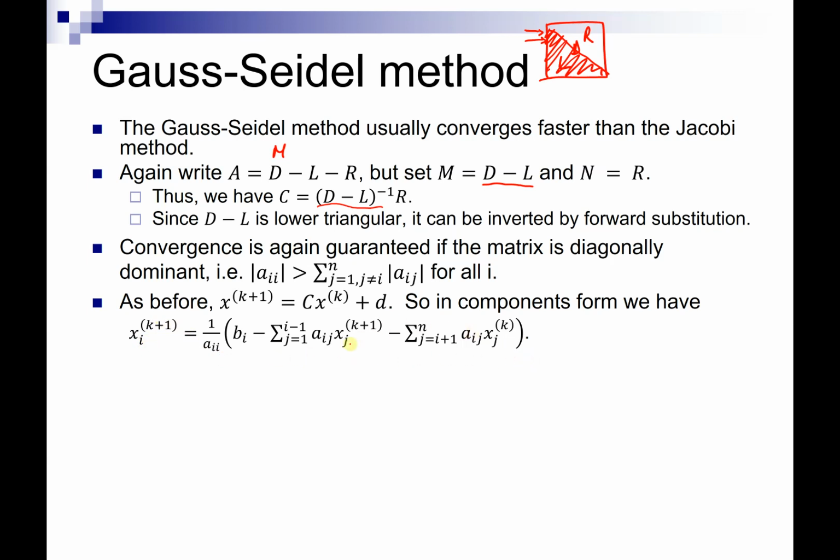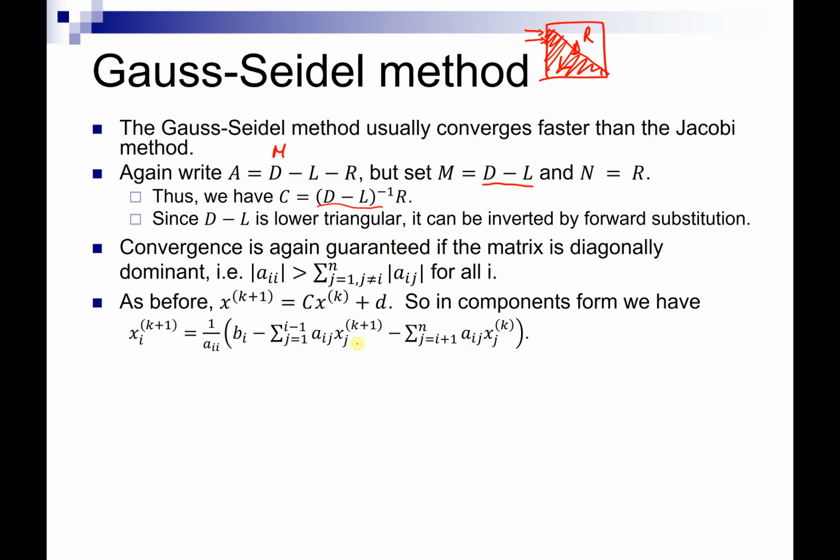Now this thing is very similar to the previous sum that we had for the Jacobi method. Because again, to get the value in the ith row, we iterate through the ith row of A and multiply by the corresponding elements of x.